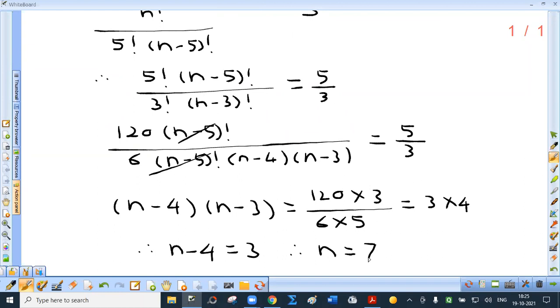Because if you obtain a quadratic equation, you get two values, n equal to 0, n equal to 7. But how can n be 0? In that case, factorial of a negative number would be defined, which is not actually. But this is the simplest method. Here you have to mention that like LHS, we express RHS also as a product of two consecutive natural numbers. That is why n minus 4 is 3. So n is 7.